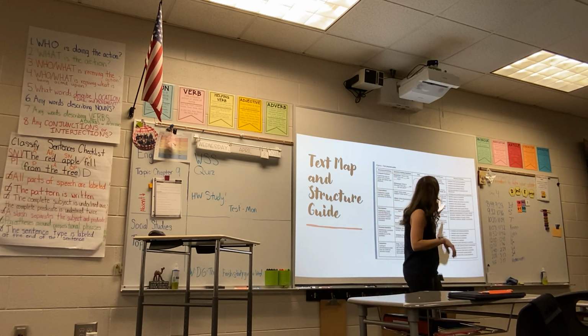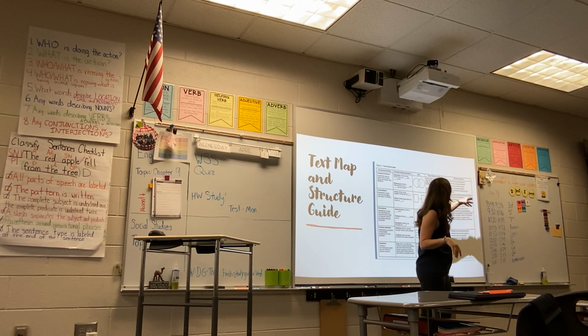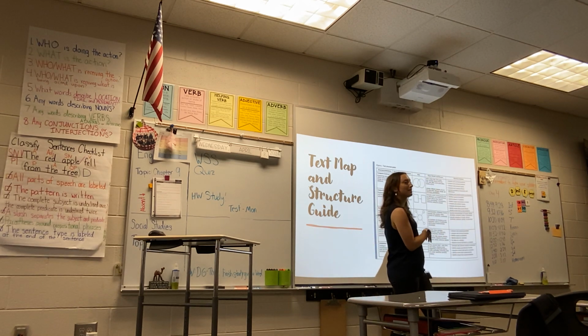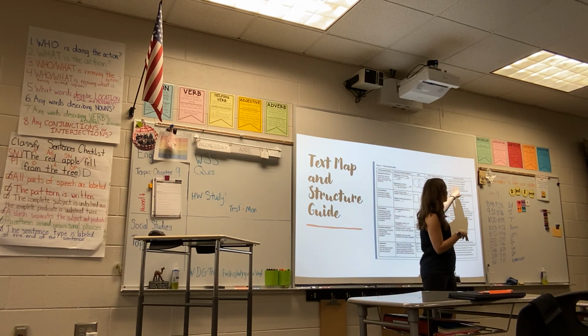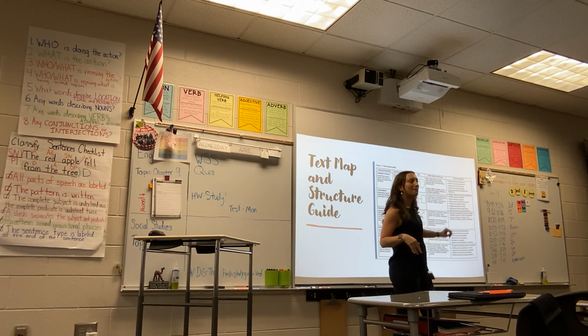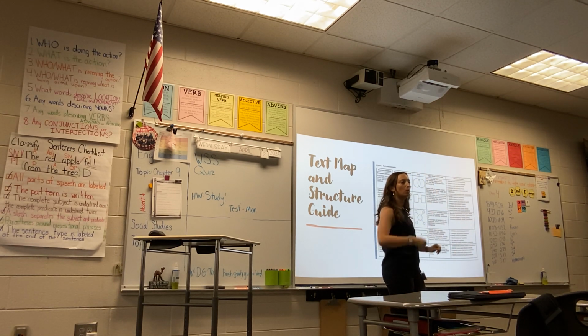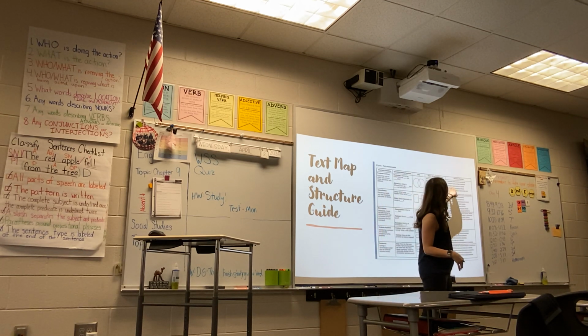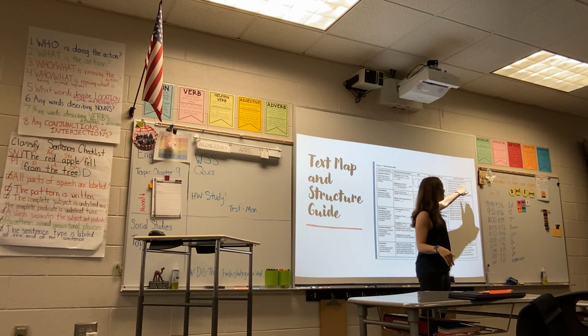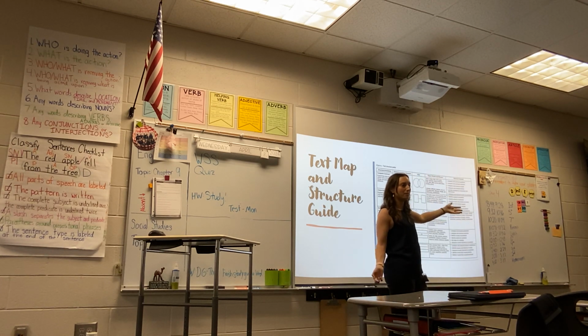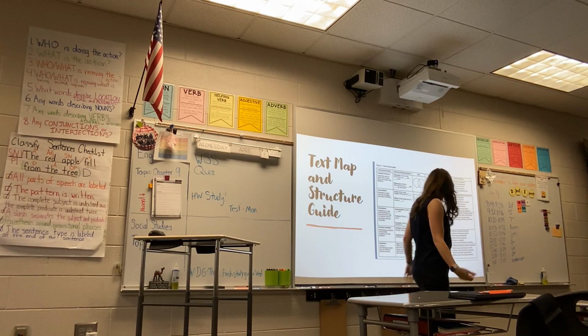And then different structure partners. So sure, we have compare and contrast, but we might be comparing and contrasting problems. If you're doing a passage on global warming, and you're looking at different examples of renewable energy, you might be doing compare and contrast, the benefits and the drawbacks of those different solutions for global warming.